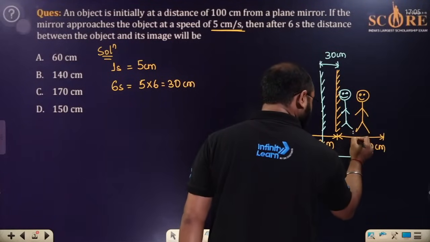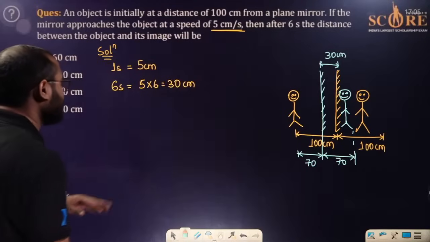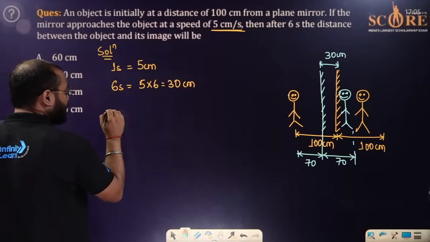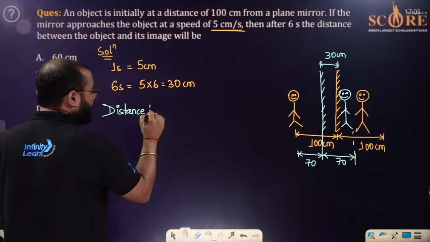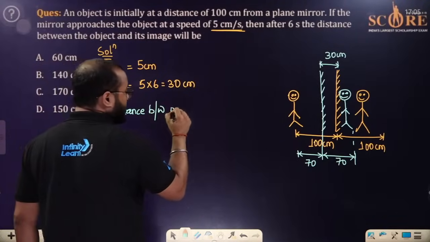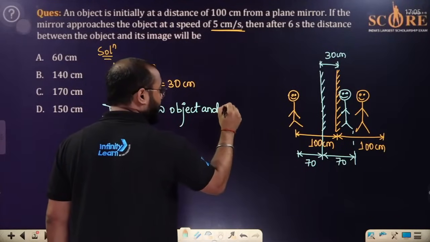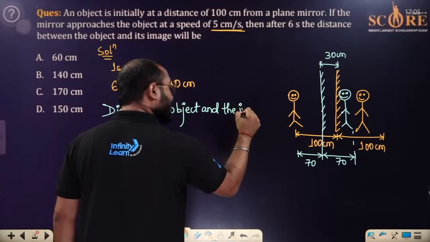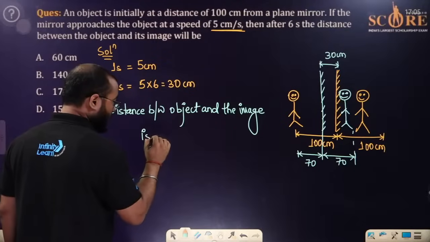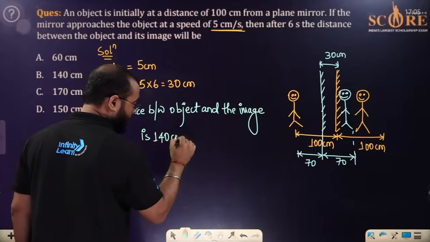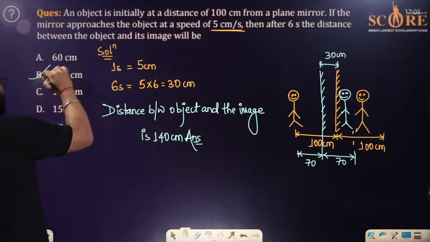So 70 plus 70 is the distance between the object and the image, which is 140 centimeter. It was a basic logical question. So that is 140 centimeter.